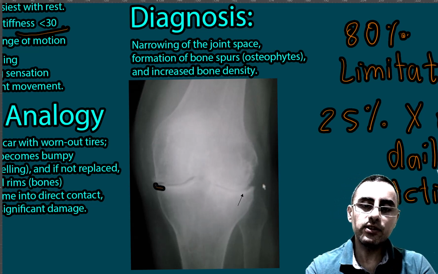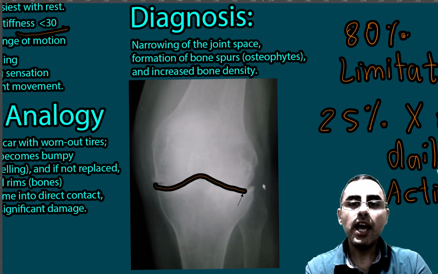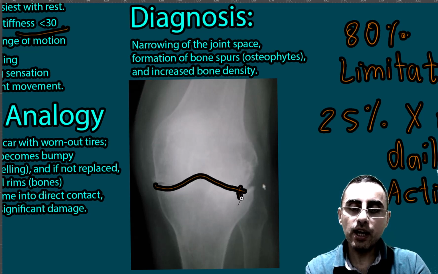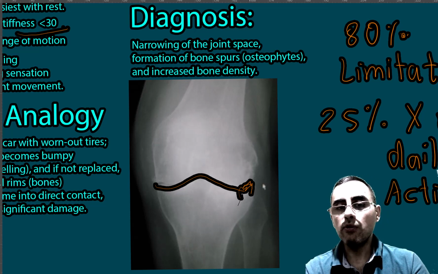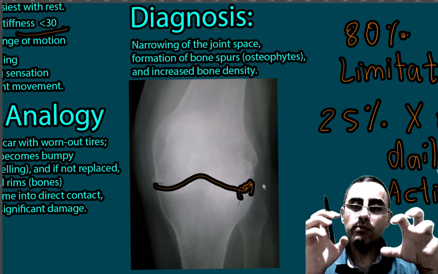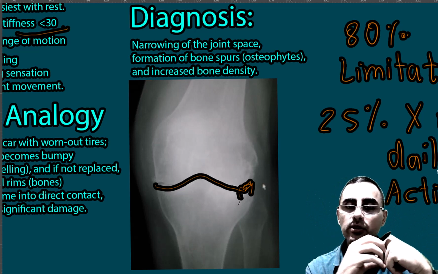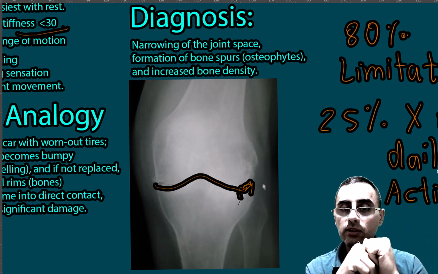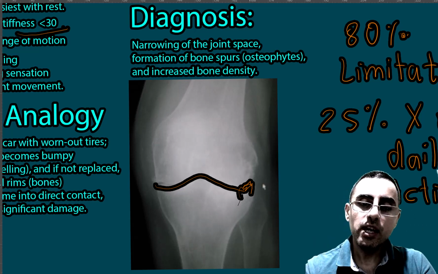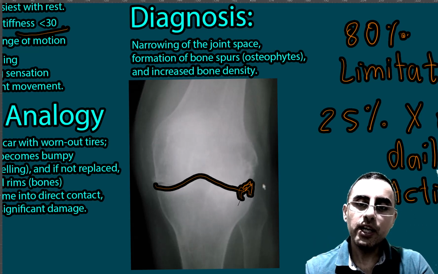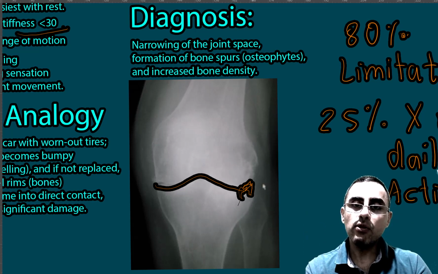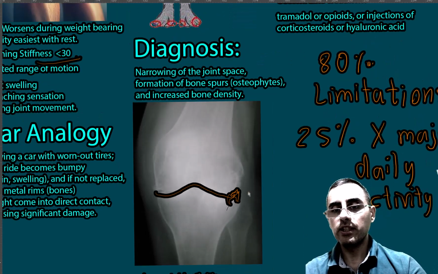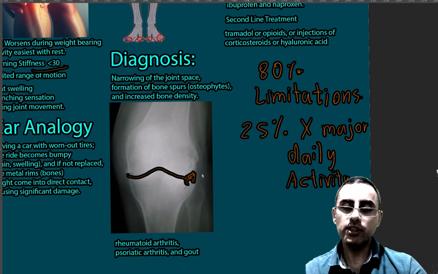You can see this narrowing of joint space, and also bone spurs or osteophytes. Osteophytes are growing of bones. So bone material grows because there is no cartilage already, and it's broken down and it's lost over time. That's why bones are growing, and it is called bone spurs on imaging, usually on X-ray or CT scan.